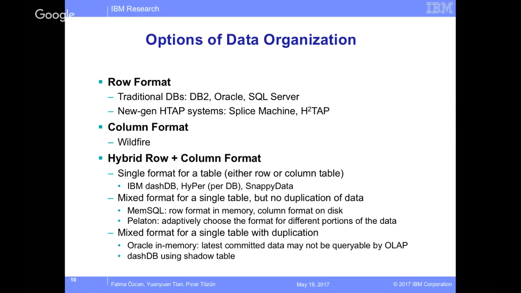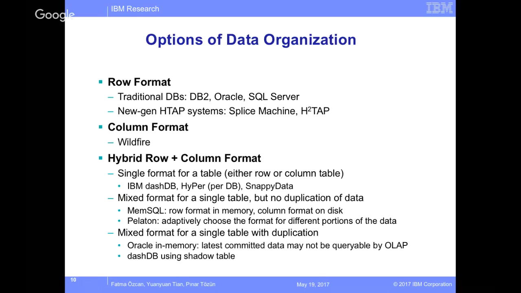And over there, you have the option of allowing data duplication, the same piece of data being both in the row and the column representation, or you don't allow the duplication, and that has the following implication.